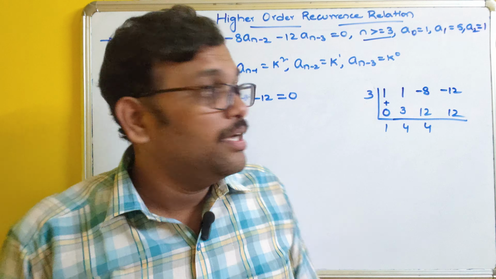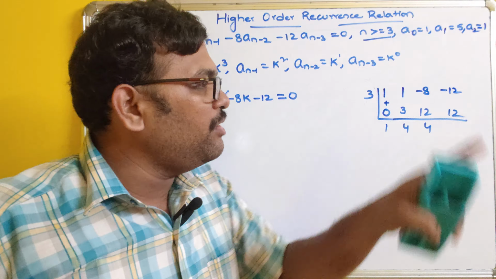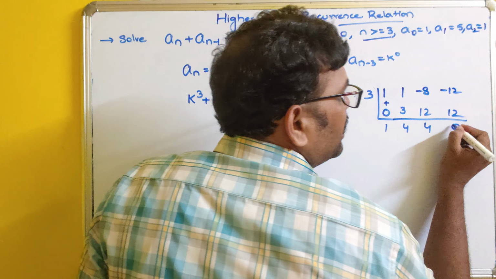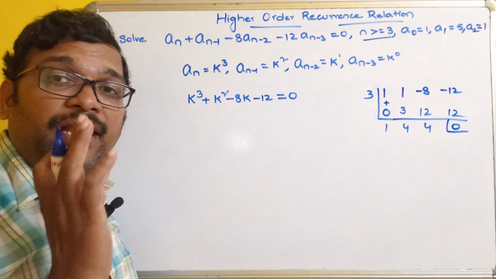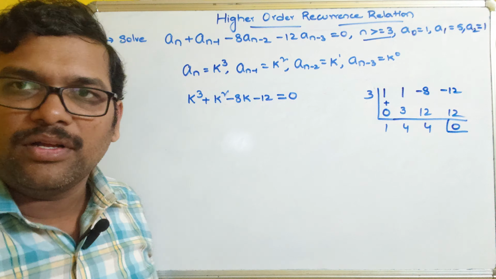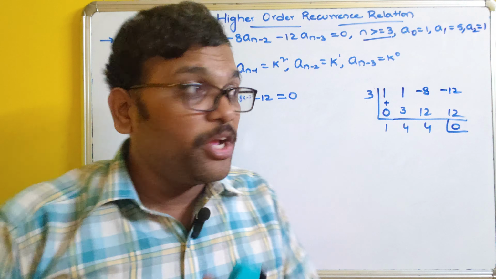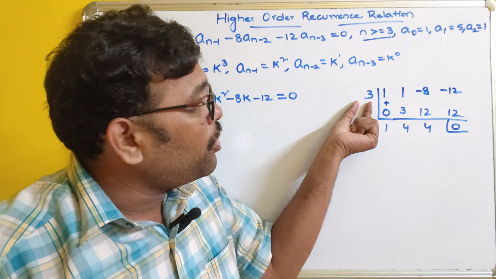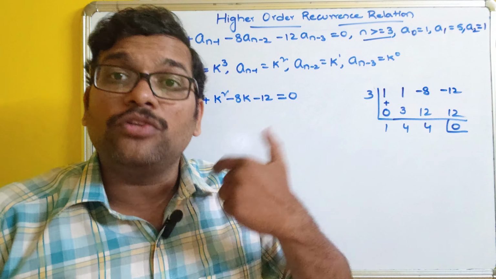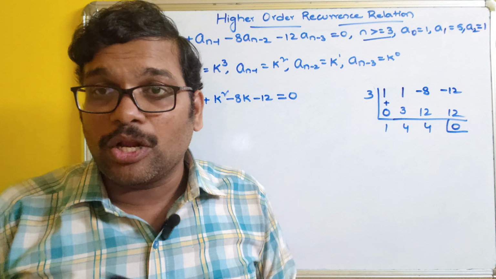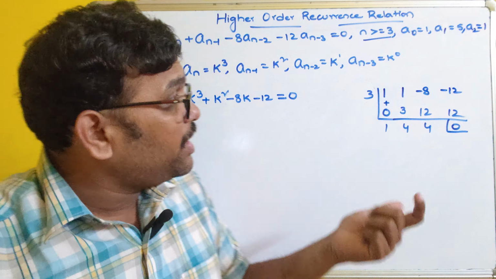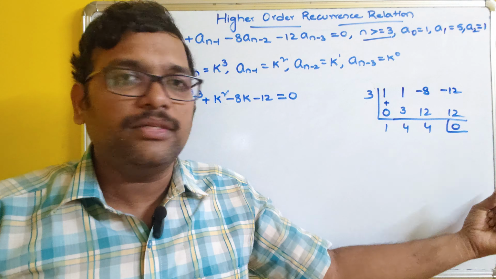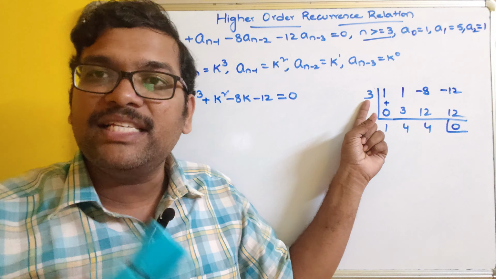So by using 3, we are getting the result as 0. So obviously we can have 3 as one root. If you are not getting it with the positive numbers, you can also try with the negative numbers, because the roots may also be negative numbers. But here luckily we got 0 with the root 3.